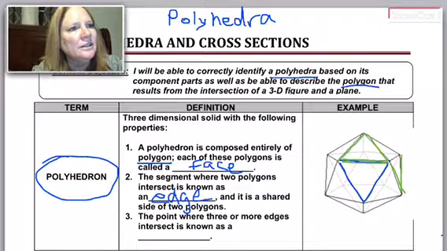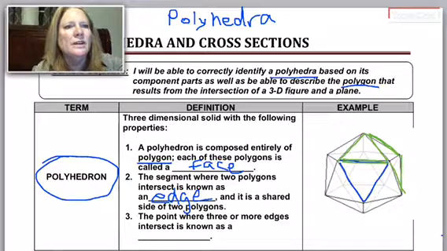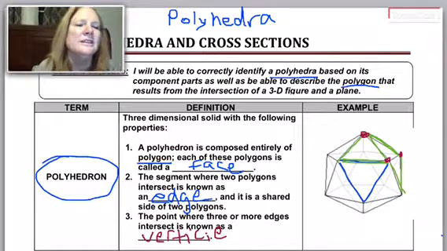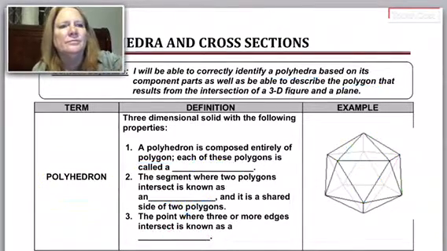Where the polygons intersect are the edges, and the point where three or more intersect is a vertex. So right here, right here, right here, and so on. So we have faces, edges, and vertices.